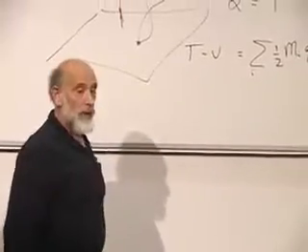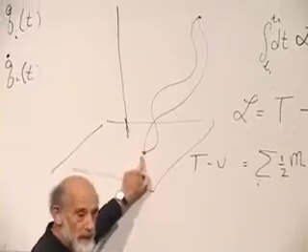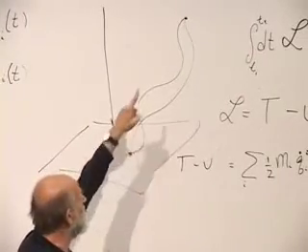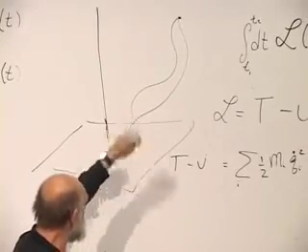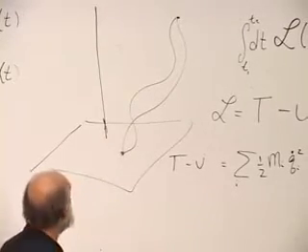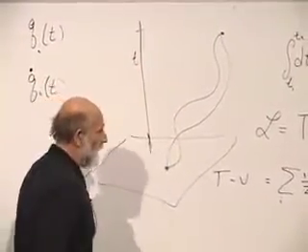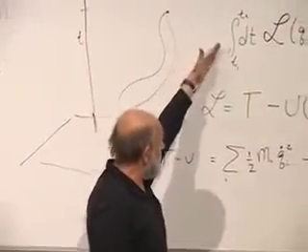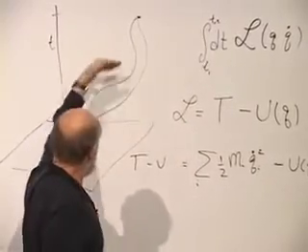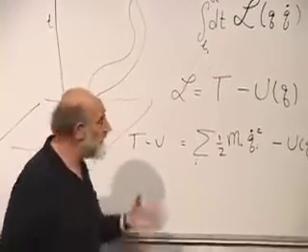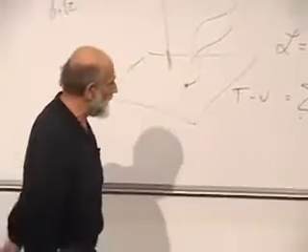Pick a pair of points, one we can think of as an initial and the other a final, starting point and ending point. Two points in the configuration space, separated by a total amount of time, call it t. Compute the action, the integral of the Lagrangian from the beginning of the trajectory to the end of the trajectory. Clearly it depends on the trajectory because the q's and the q dots depend on the trajectory.